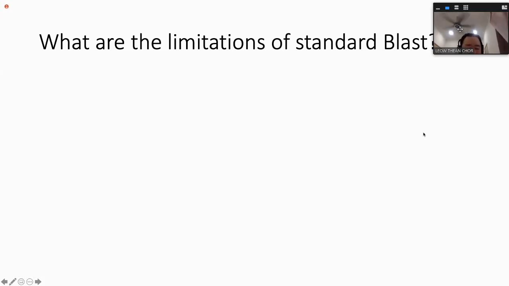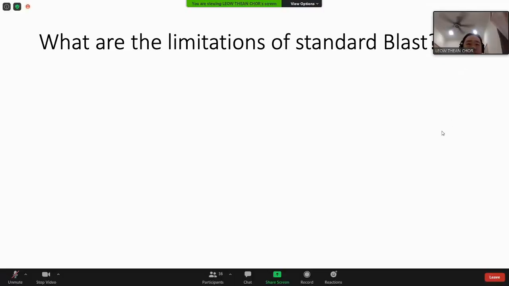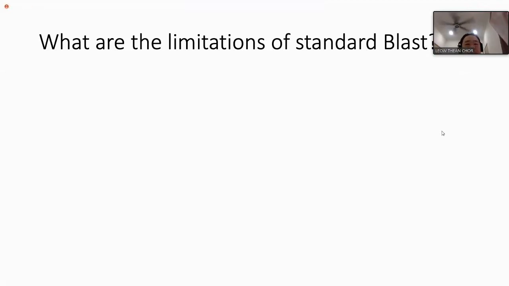The standard BLAST can be BLAST P, BLAST N, right? So if you perform BLAST P against a protein database, what is the limitation of standard BLAST? Do you know what is BLAST P? Standard BLAST P is mainly for finding sequences with high identity, normally more than 30% identity.